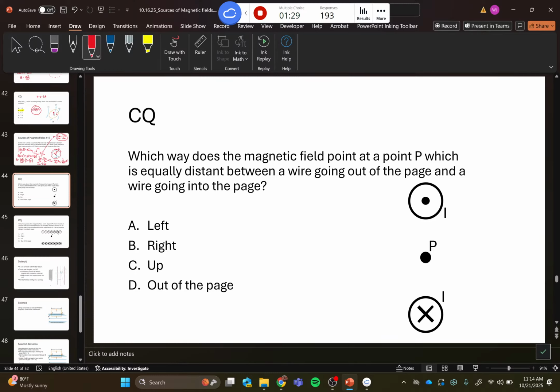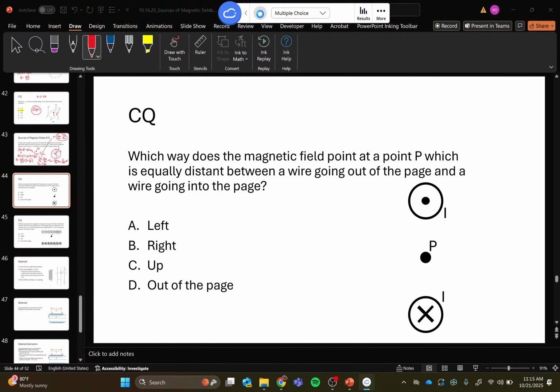All right, 15 more seconds. All right, in 5, 4, 3, 2, 1.